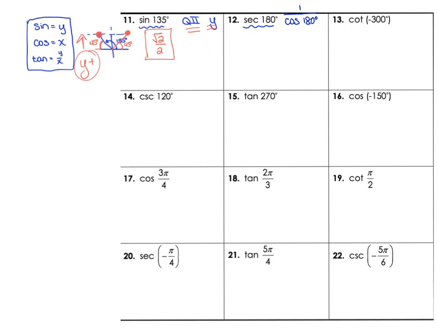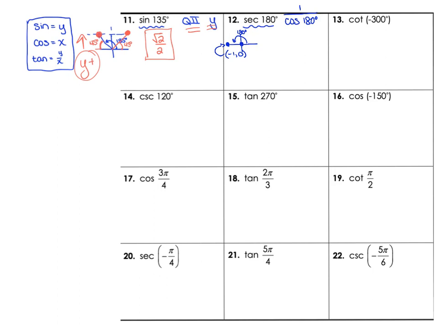So what I'm going to do is draw my unit circle. 180 degrees is right over here, all the way around. The nice thing about 180 degrees is it falls right on an axis, so it makes it easy. The point there is -1, 0. It's negative because I went to the left, and then I didn't go up or down at all. So I know my coordinate for 180 degrees on the unit circle is -1, 0.